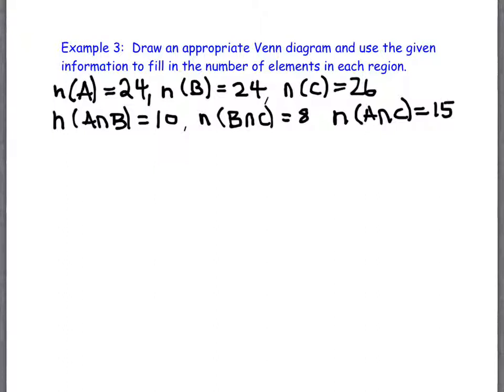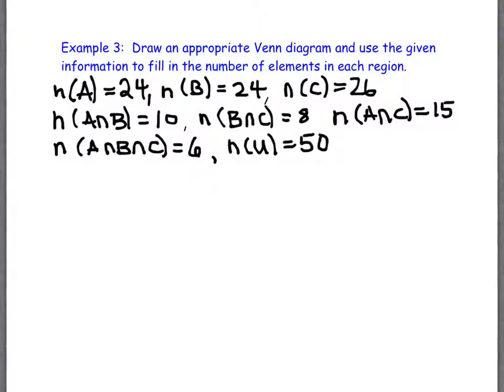Got two more. n of A intersect B intersect C. Do you recognize that one, Allie? There's that A intersect B intersect C. This one has the value 6. And then n of U is 50.